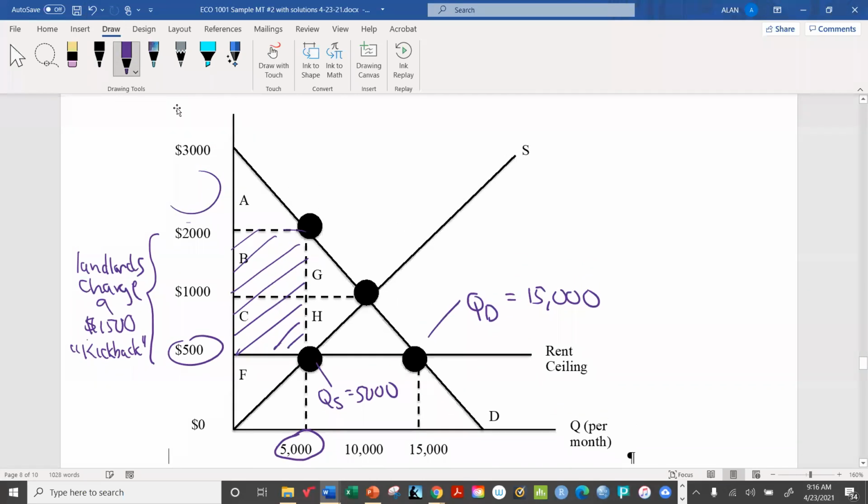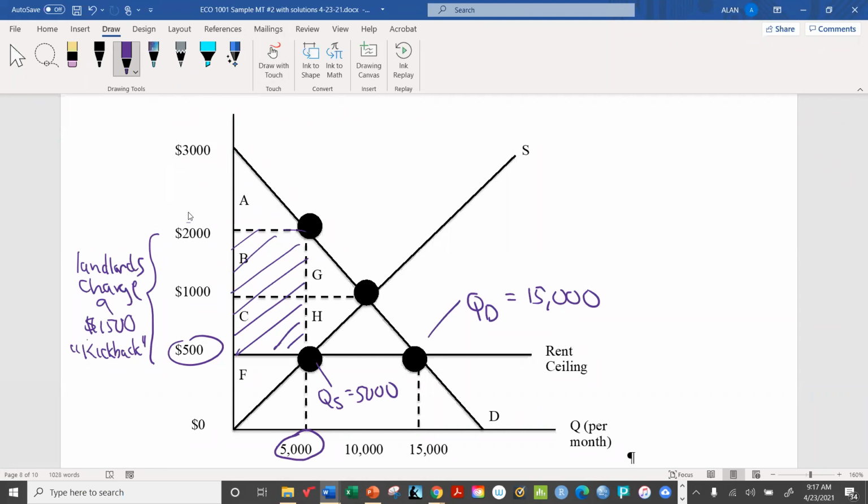In other words, between the rent and the bribe, they're going to try to charge what they would have gotten in a free market had the units been restricted to 5,000 units. So if you can imagine, it would be as if the supply curve was shifted up here.